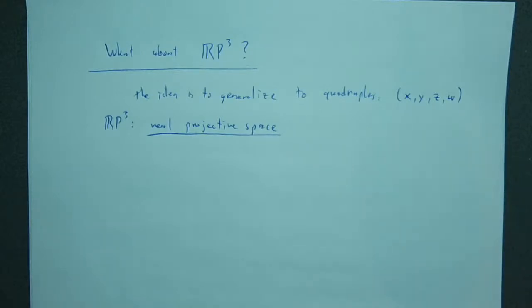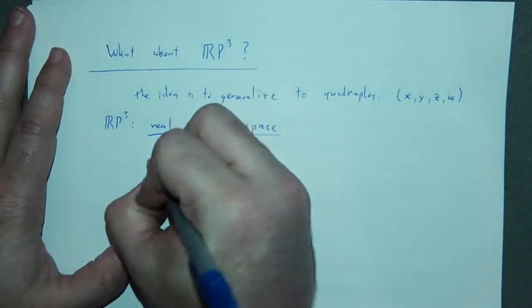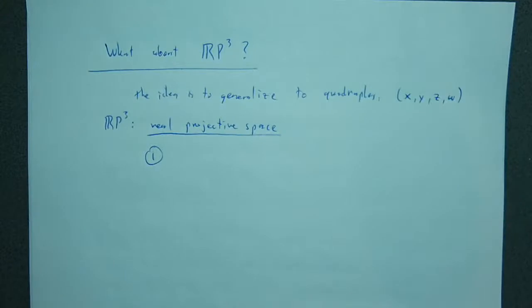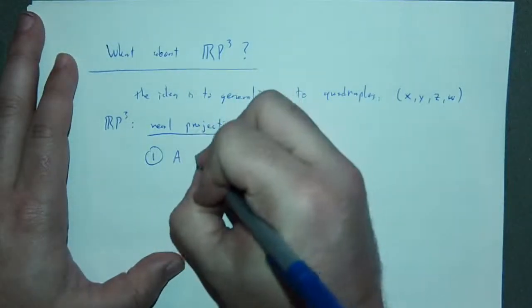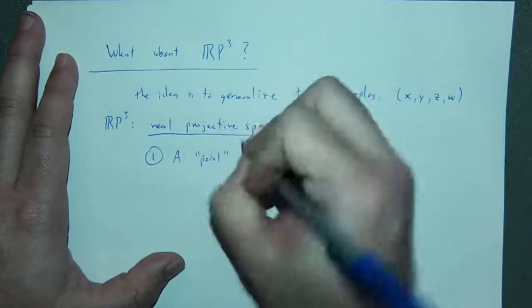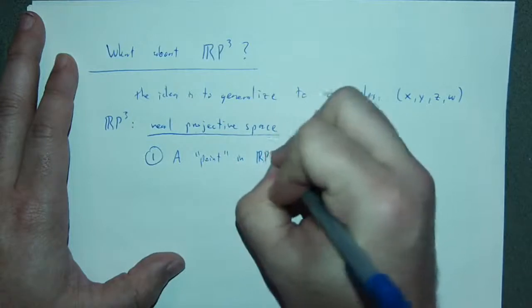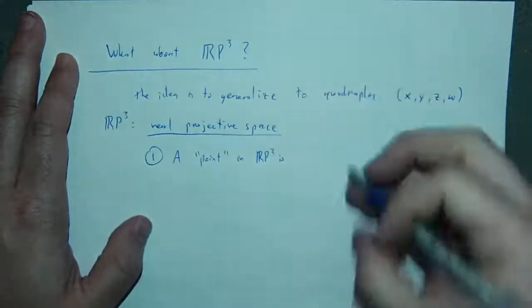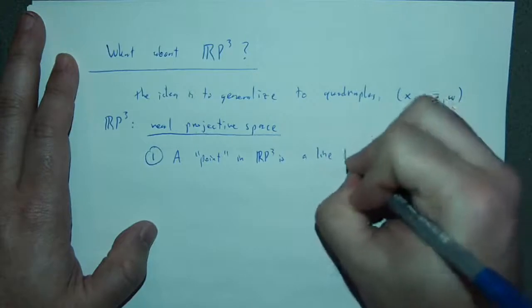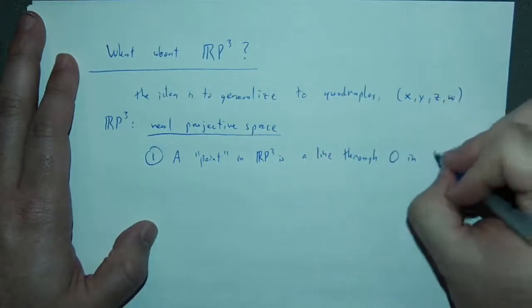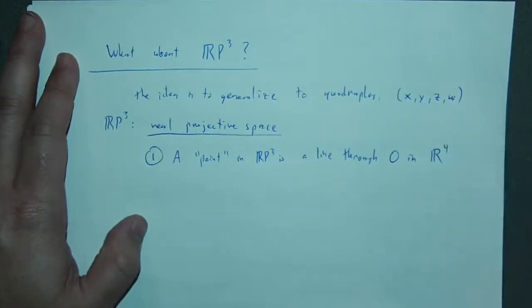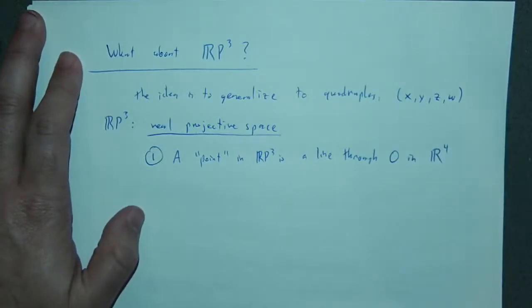But what is the geometric idea? What's the thing that allows me to say all this? I mentioned this when we first defined RP2. A point in RP3 is a line through the origin in R4, which is why we need quadruples here.